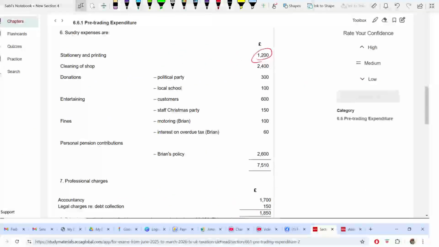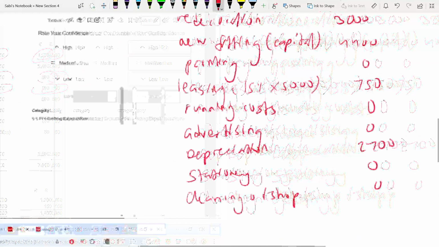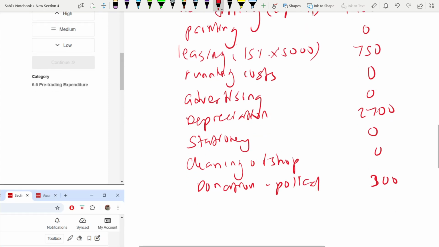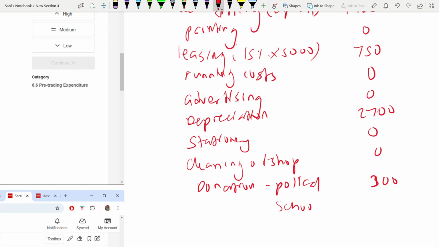Then we have donations. Okay. Donations to local school, 100 is allowed, but political party is not allowed. So political party 300 we add back. Donation, political, 300. Okay. School, 0.